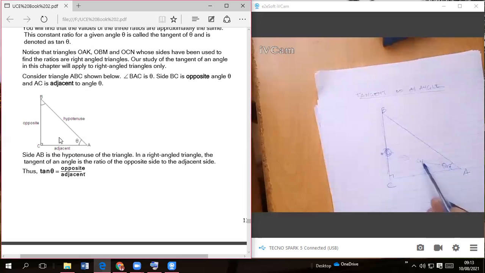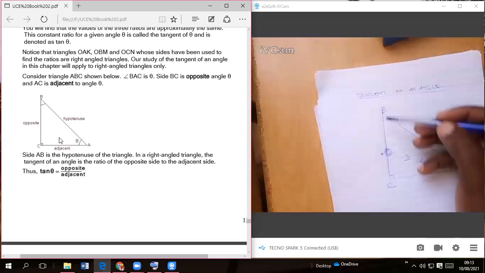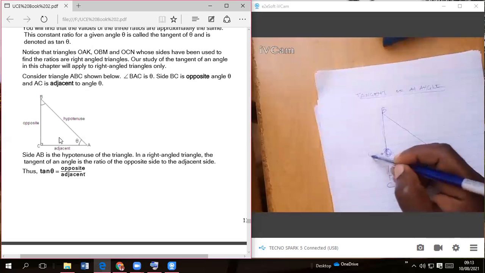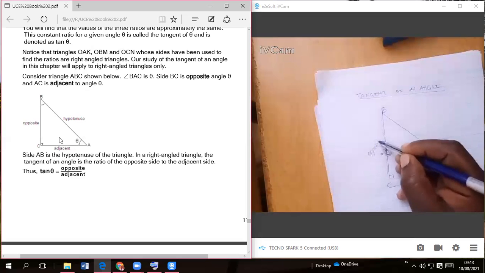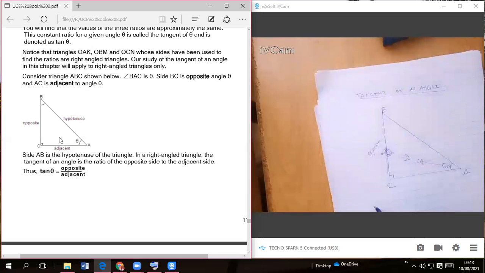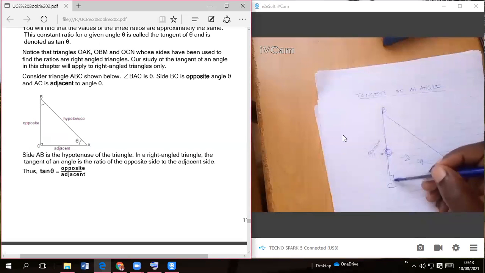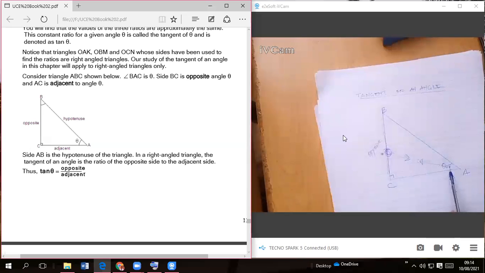So in other words, they are opposite to each other. This side is opposite to the angle. So that's why we call this side here the opposite side. It is the opposite side to the angle. This side is the one which is opposite to the angle.